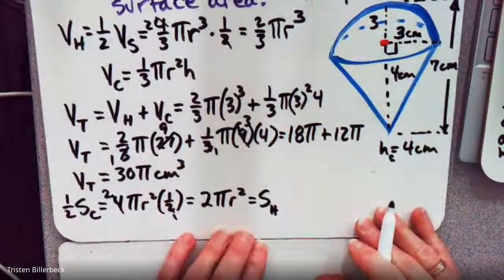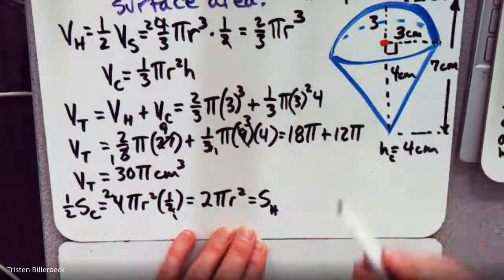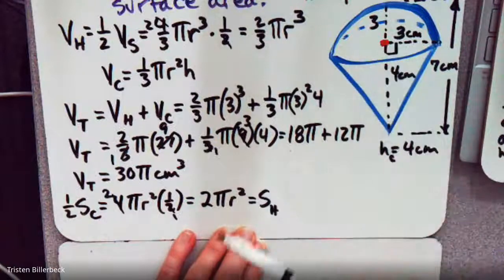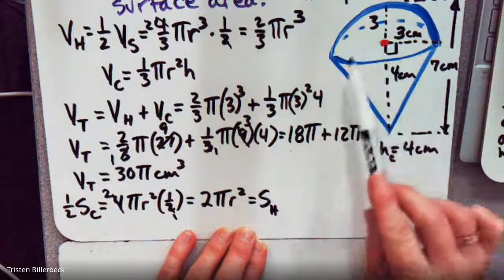The surface area of the cone is only the lateral surface area, because the circular base is covered by the hemisphere, so we do not count the base of the cone.